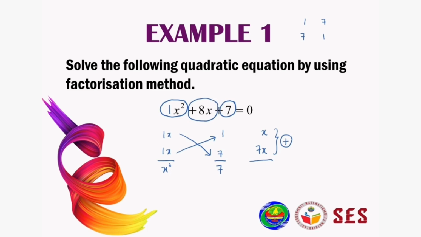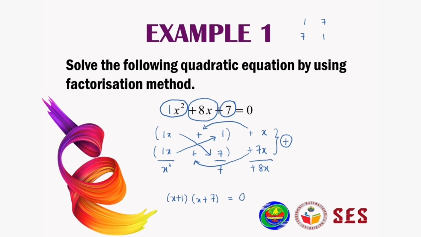So for this case, when we use positive x plus with positive 7x, we will have positive 8x. And we will use this sign for the first factor and this sign for the second factor. And therefore, we will have our first factor as x plus 1 and our second factor as x plus 7 equals to 0.